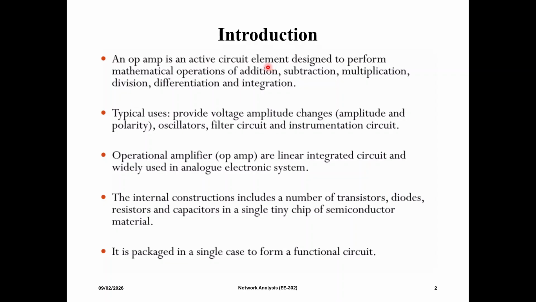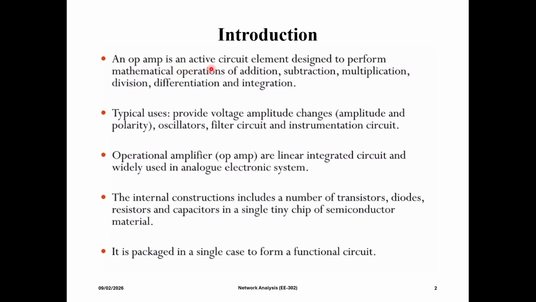Active elements are those that can add energy to a circuit. And the passive elements like resistors, capacitors, and inductors are those which cannot deliver more energy than they receive. Although operational amplifiers require an external power supply, they can amplify signals. What does that mean? The output signal can have more power than the input signal.